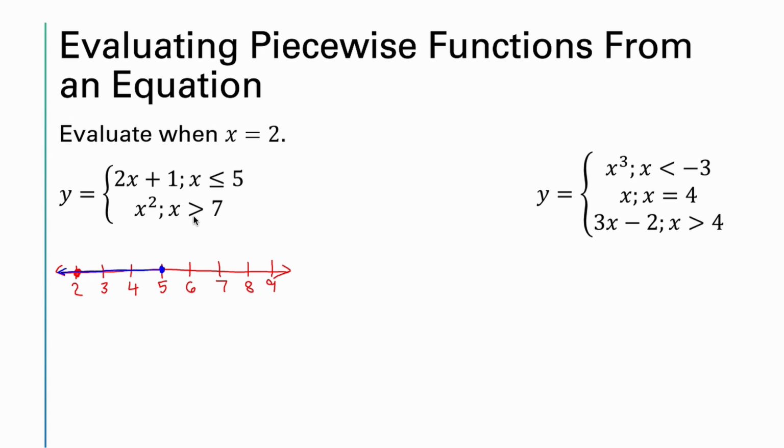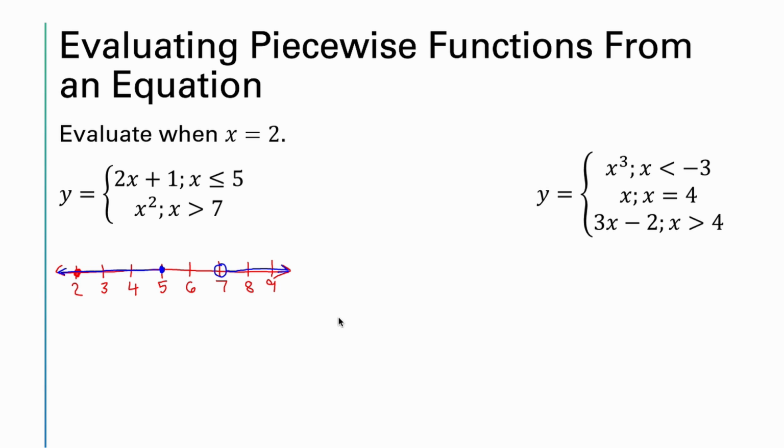And x is greater than 7. So since there's no equal sign here, we put an open dot, and it's pointed that way, so boom. There, we have our piecewise function graphed on a number line. Really, it's that simple.